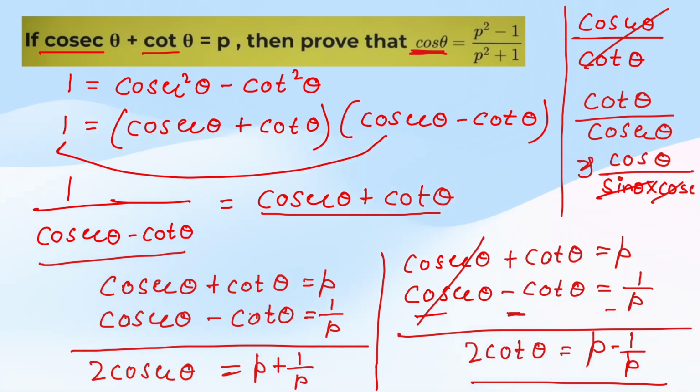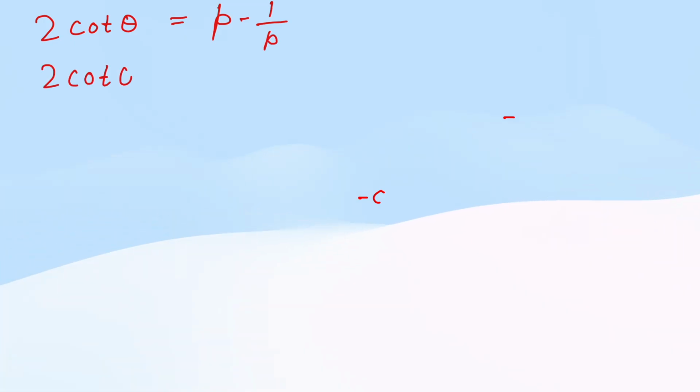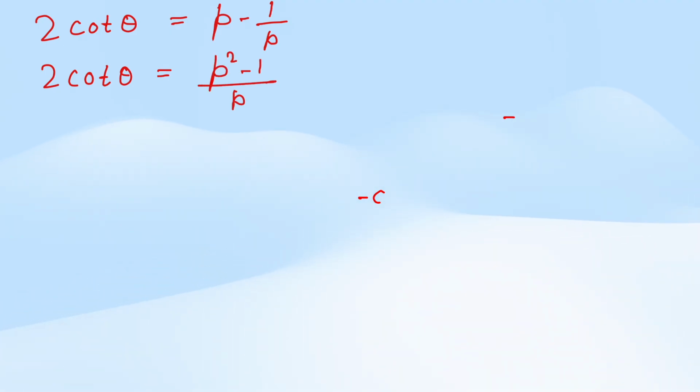So I need to find cot by cosec. What is cot? 2 cot theta is p minus 1 by p, or I can write 2 cot theta is p square minus 1 by p. If I shift this 2 to the other side, it will be 2p.